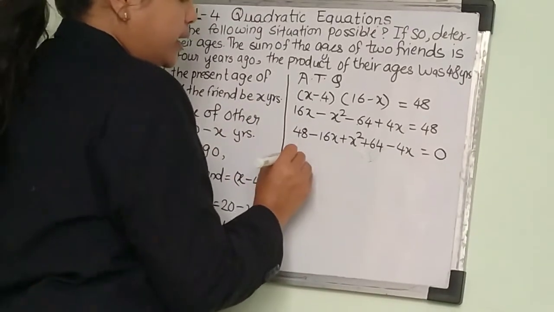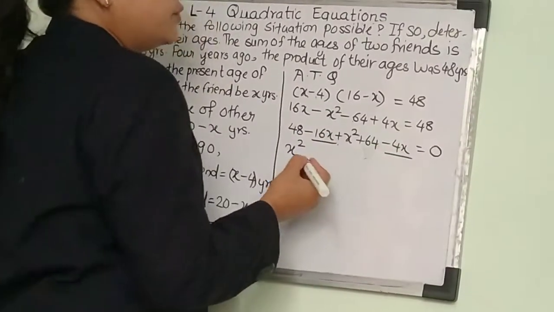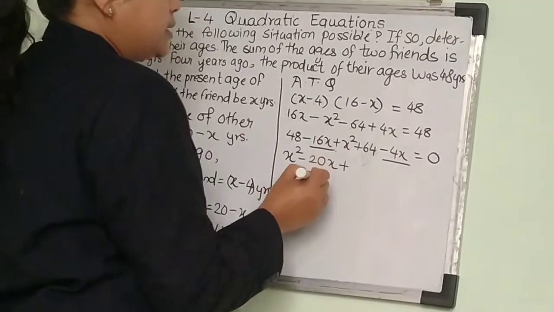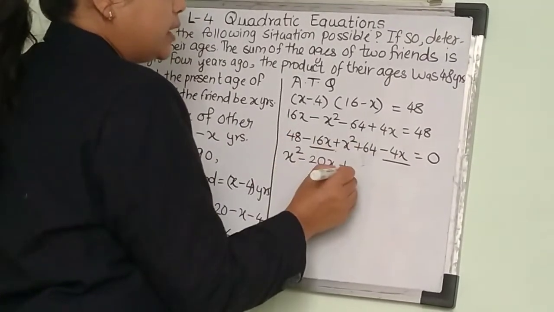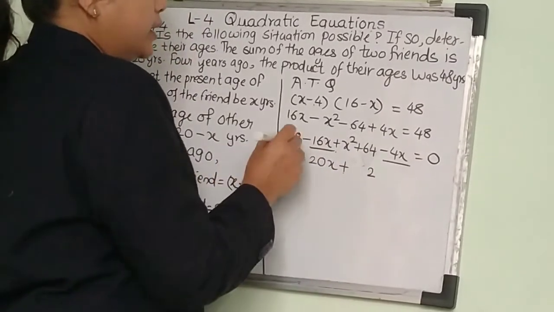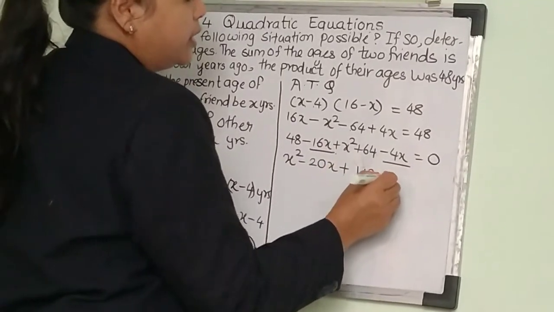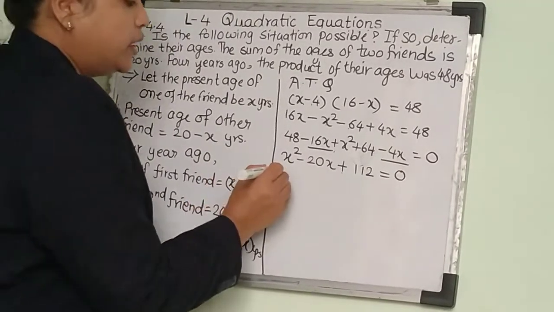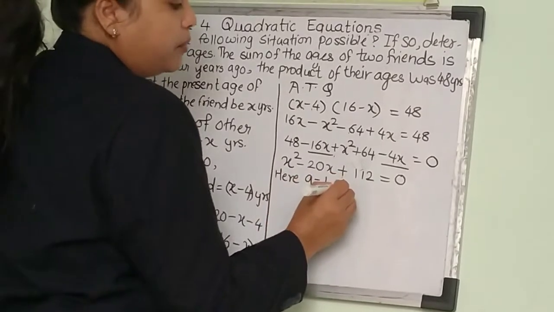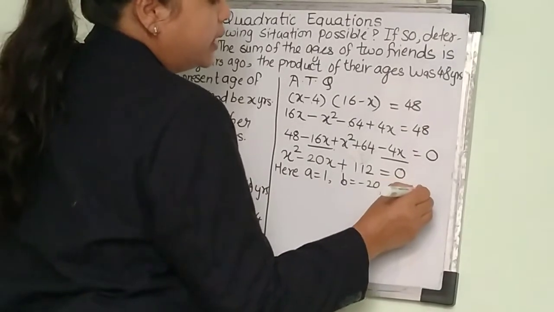So the quadratic equation form is x square minus 20x plus 112 equals 0. So here we can say that a equals 1, b equals minus 20 and c equals 112.